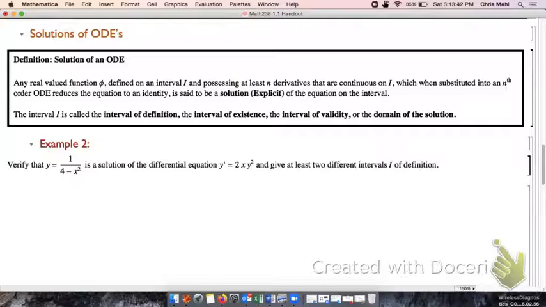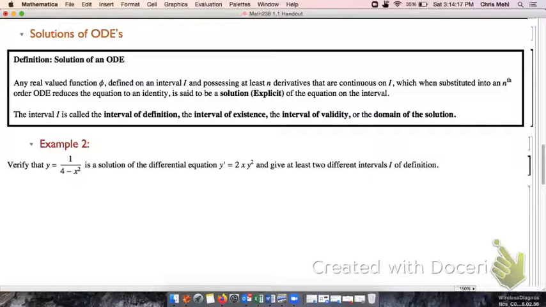Any real valued function phi, defined on an interval I, that possesses, if it's an nth order differential equation, at least n derivatives that are continuous on that same interval I, and if you substitute this function into that nth order differential equation, reduces the equation to an identity, is said to be a solution, in particular an explicit solution of the equation on the interval.